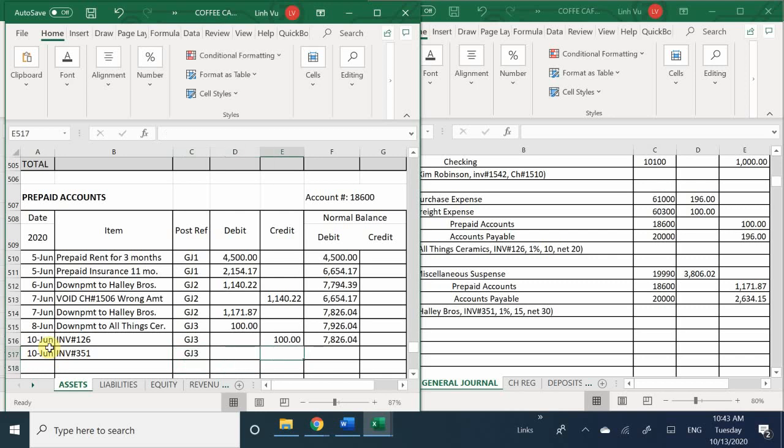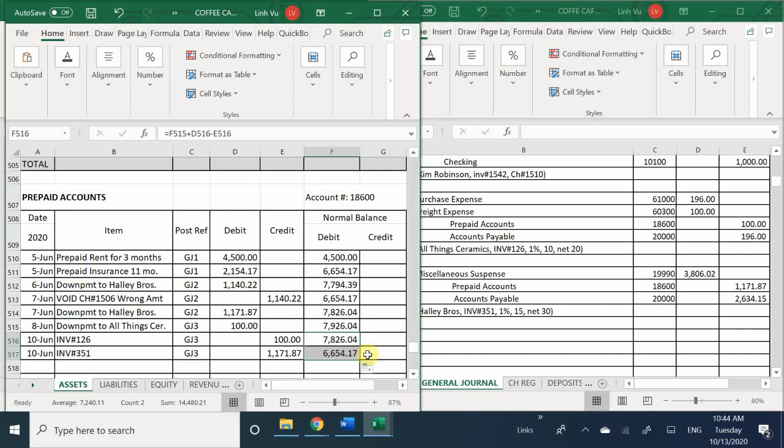And I'm going to decrease my amount by $1,171.87. And by doing so, it should decrease this amount to $6,654.17. Okay? So that is where I am at, $6,654.17.